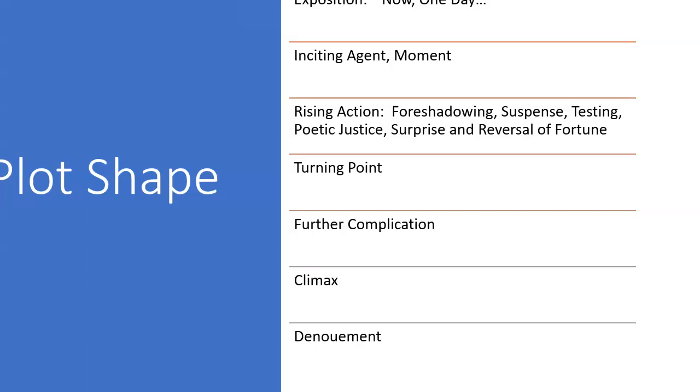There may be further complication, but the climax is the high point of the story when the action finally happens in which the situation, the incitement from before, is finally resolved. And then there is what's called a denouement at the end, which helps to explain some of the more details. It wraps up all the little pieces of the plot.